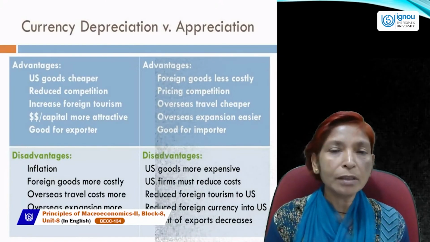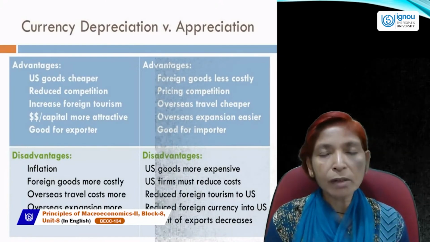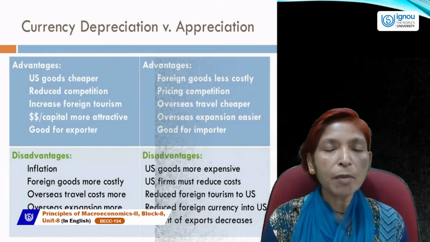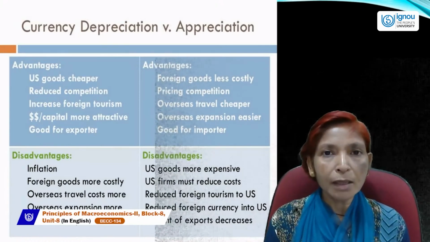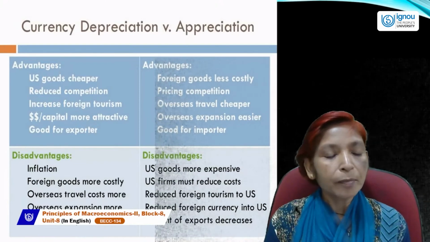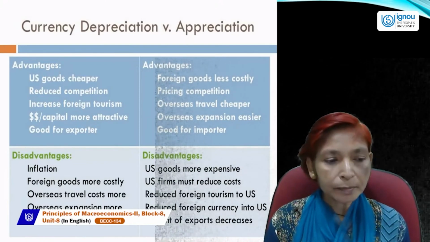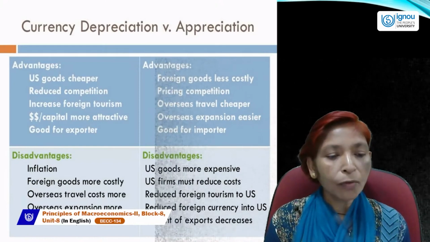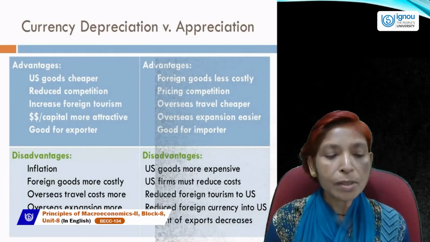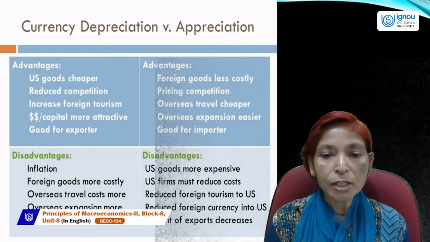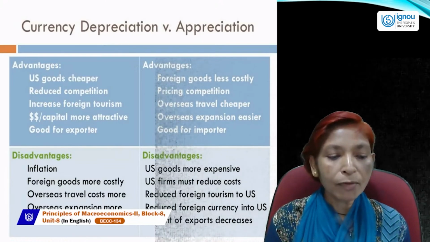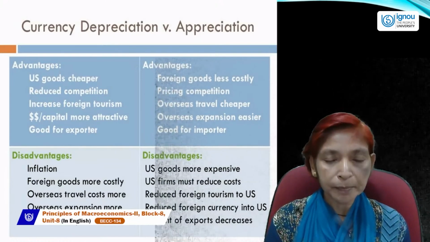And inflation is a situation when the general price level rises continuously. At the time of depreciating the currency of any country, inflation will occur, foreign goods will become more costly, overseas travel will become more costly, overseas expansion will become tougher, and the amount of imports will decrease.